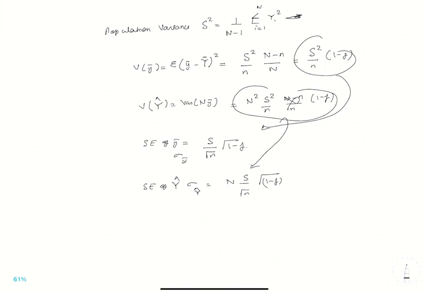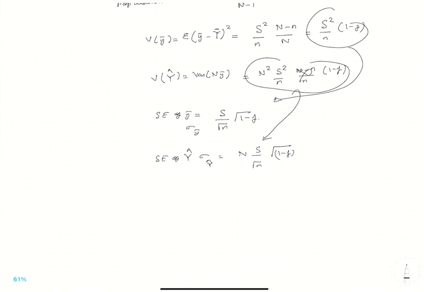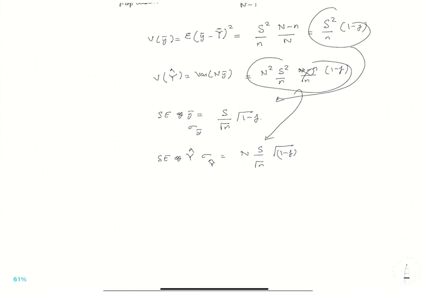When we take a random sample of size n from an infinite population, then the variance of the sample mean is going to be sigma square upon n.